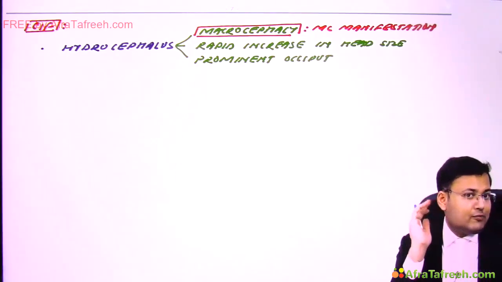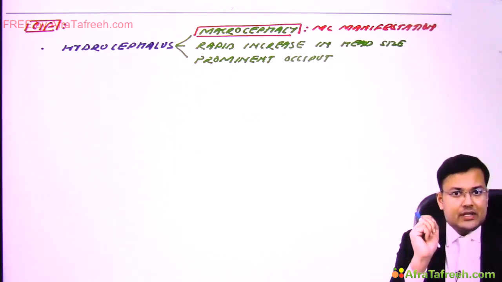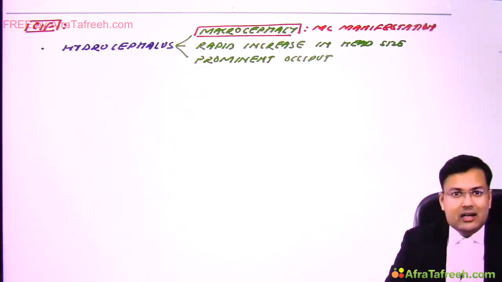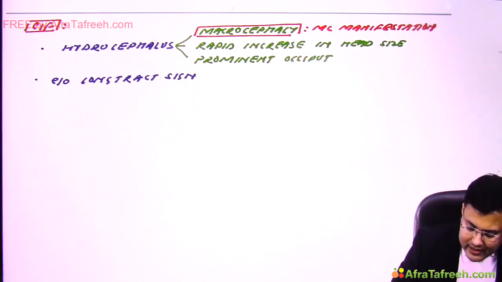There is involvement of posterior fossa. So since there is involvement of posterior fossa, these patients are having ataxia. And there is evidence of long tract signs. Another problem, these patients have evidence of long tract signs, and there is cerebellar ataxia.